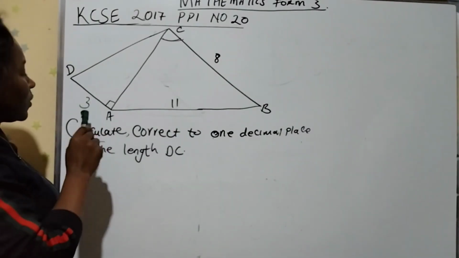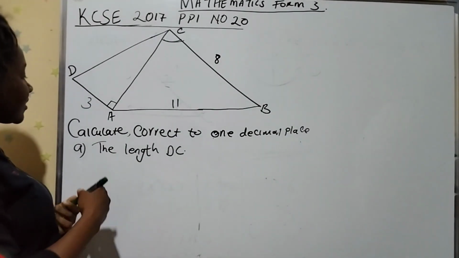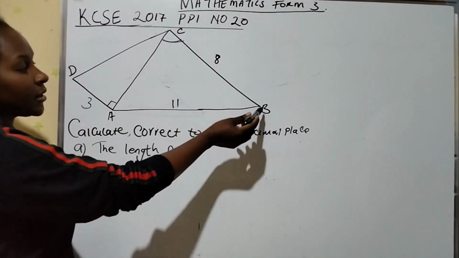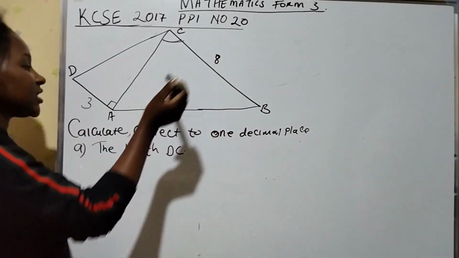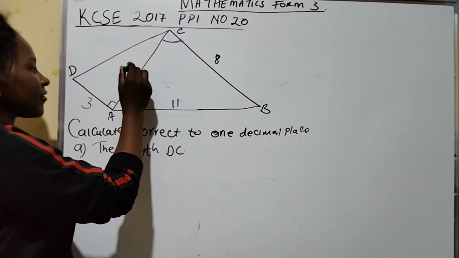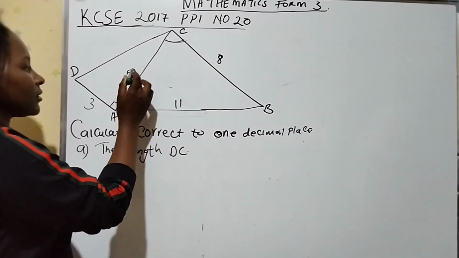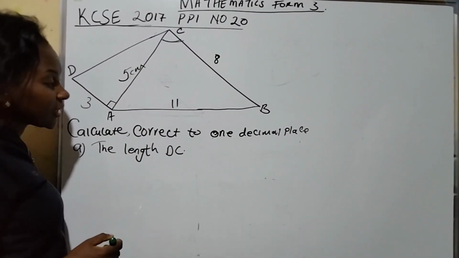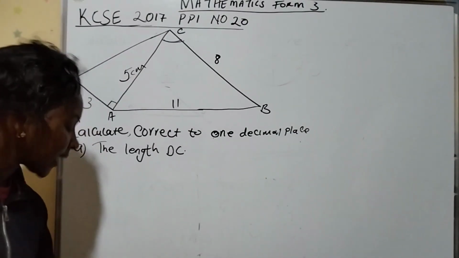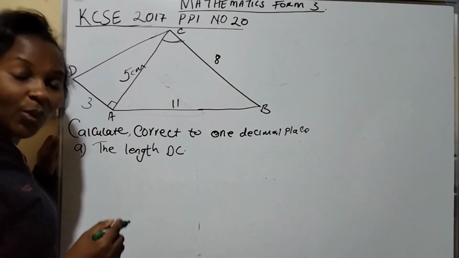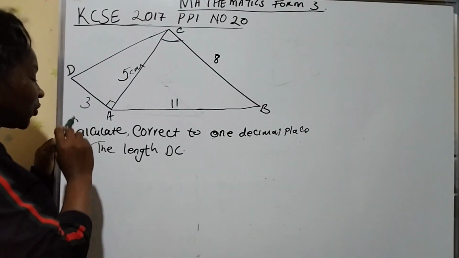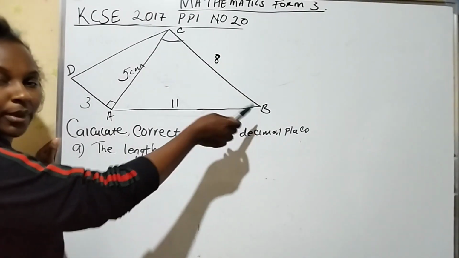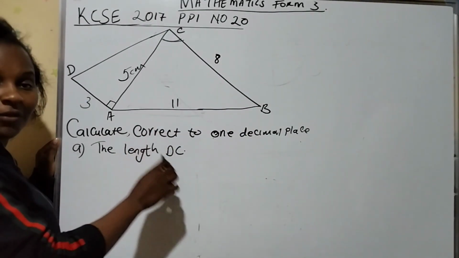DA we are given as 3 centimeters, AB as 11, BC as 8, and AC as 5 centimeters. Now we are told to calculate, correct to 1 decimal place, the length of DC.